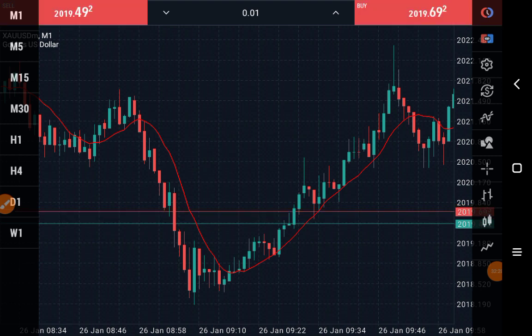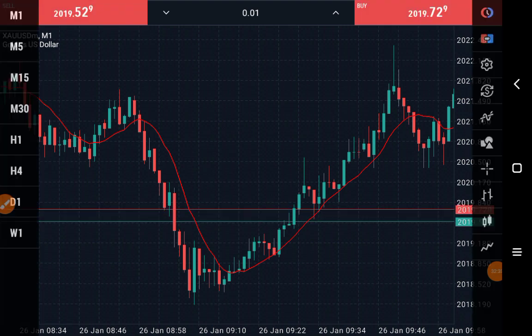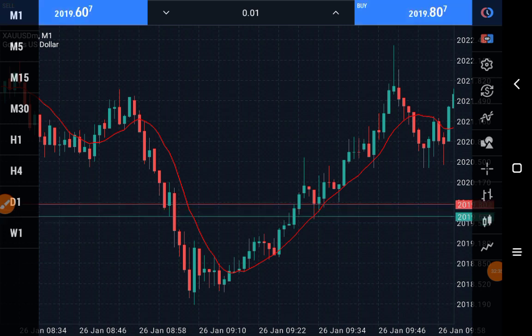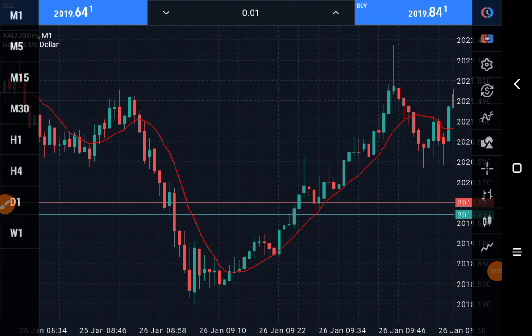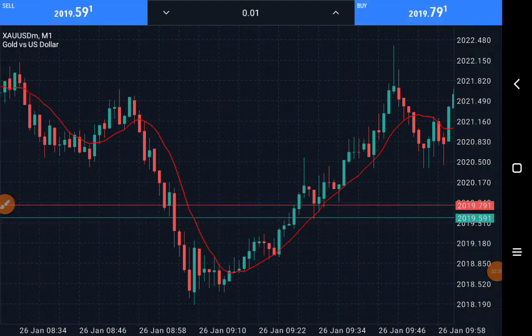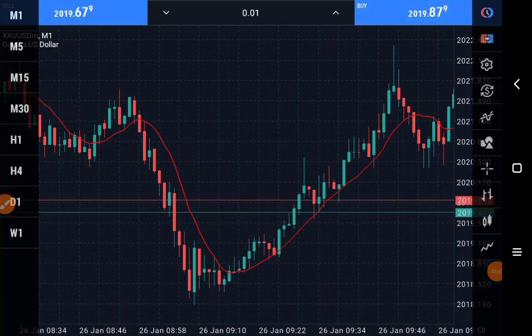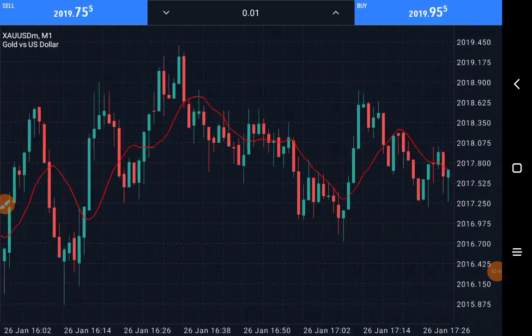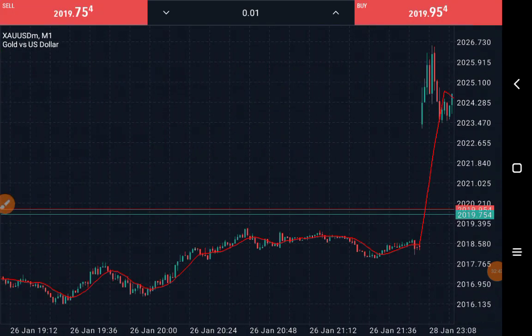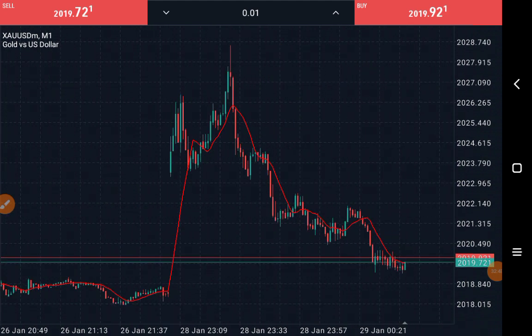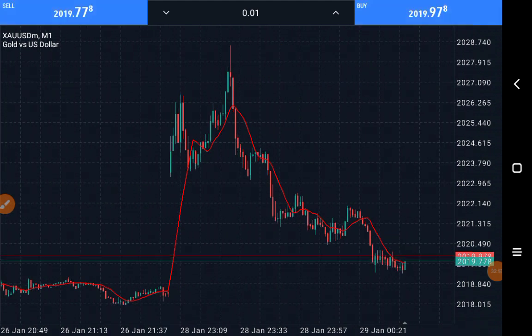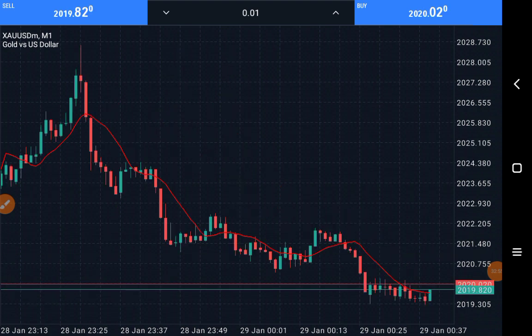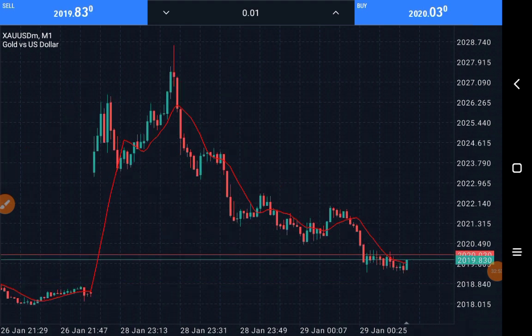Now you see on the left side, you see this M1, M5, M15, and so on. What it means is 1 minute, 5 minutes, 15 minutes, 30 minutes. And what that means again is that each of these candles will form for 1 minute if you choose the 1 minute time frame. If you choose something more than 1 minute, like 5 minutes, each of the candles will form for 5 minutes.